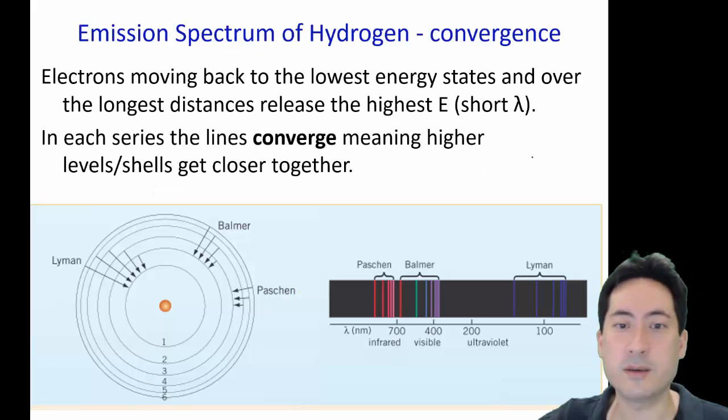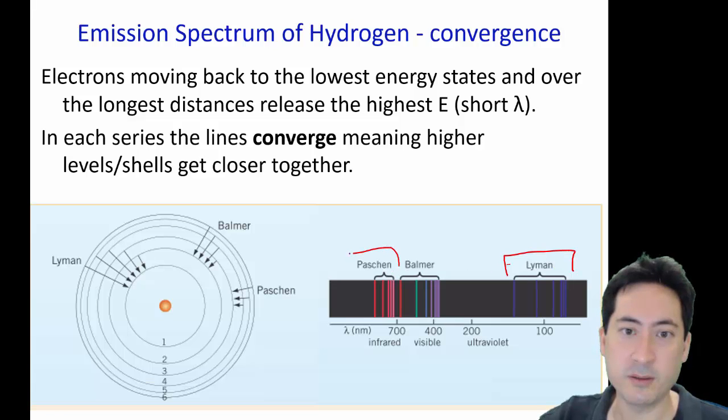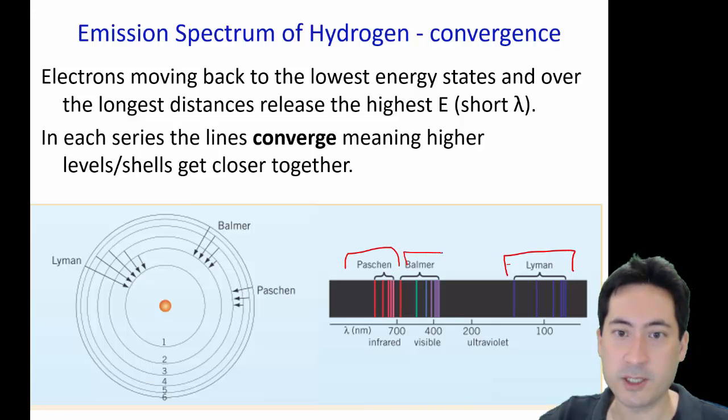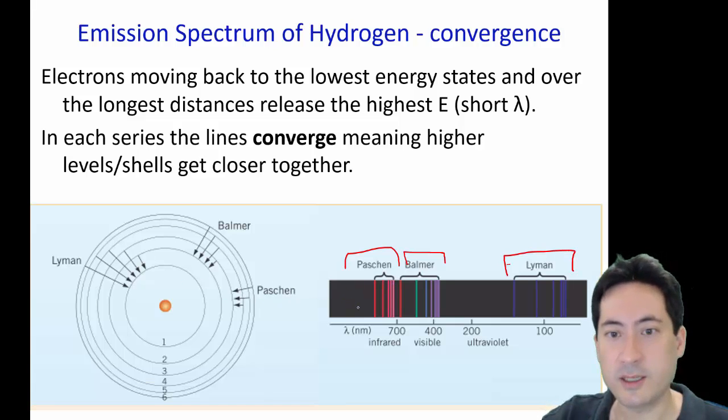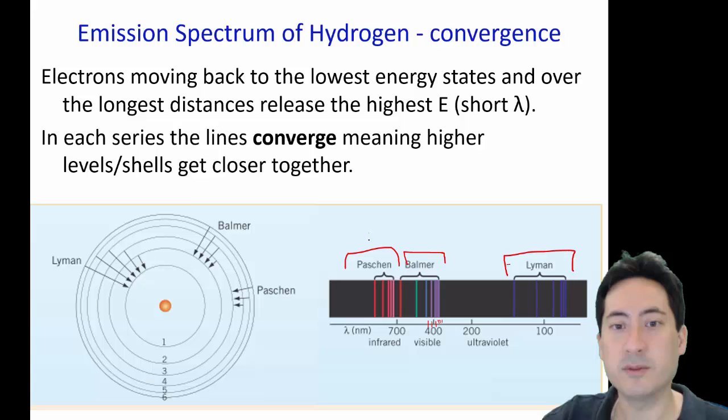Now if you use an instrument that's a little bit more accurate, that can measure the ultraviolet and infrared as well, you'll be able to read these bands as well. And so this is the one that we can actually see, and what you'll see here is something called convergence: these lines here, as they get further and further out, the difference between them actually gets smaller and smaller, and that's repeated 3 times, both from the infrared, and then as you get more and more energy down here, down to the ultraviolet.